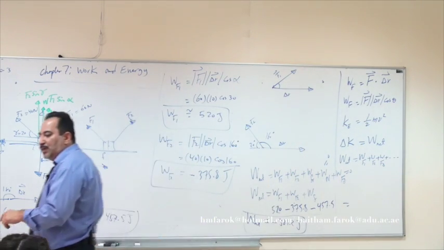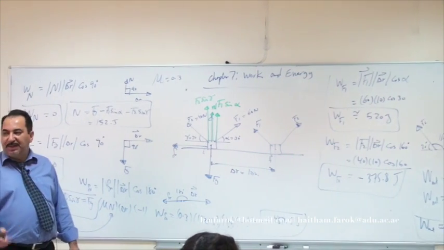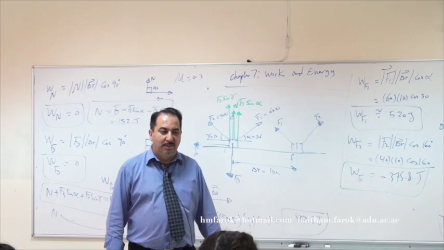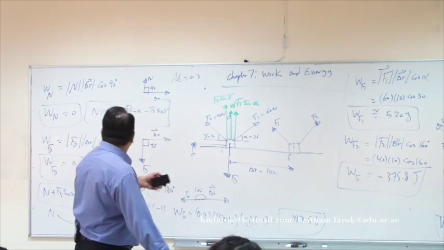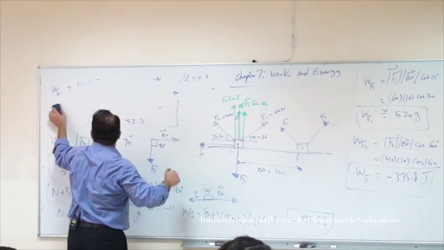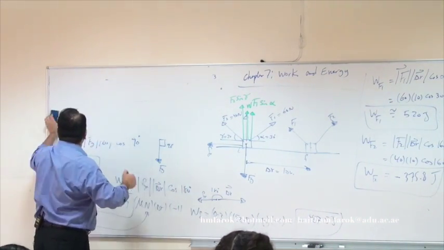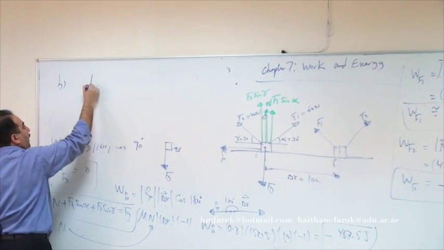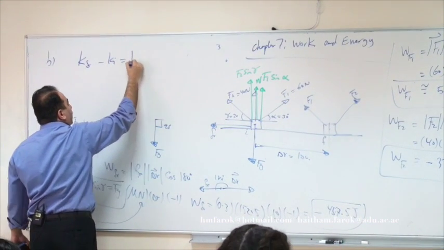What was the part B question? What is the final speed, yeah? Yes. Okay. If you know W net, it means you know delta K now. So for part B, you say kinetic final minus kinetic initial equals W net.